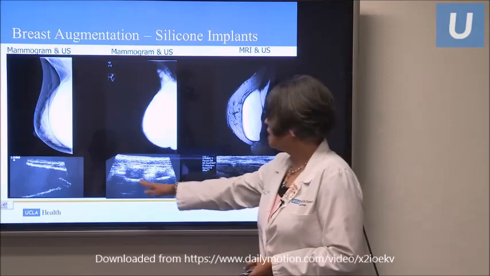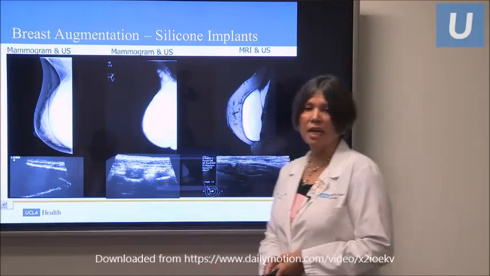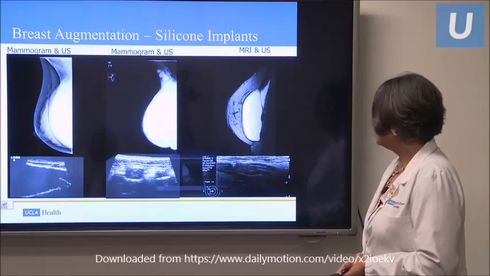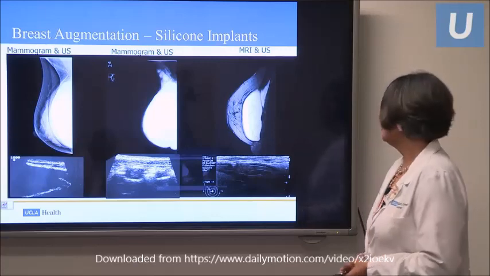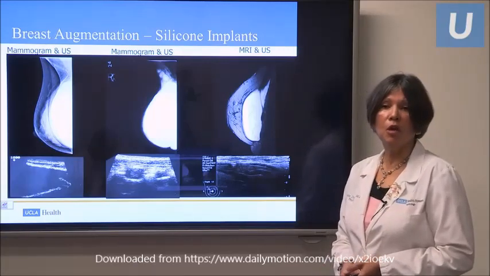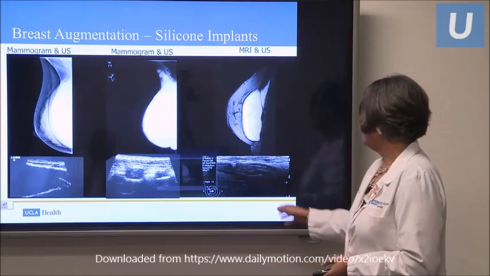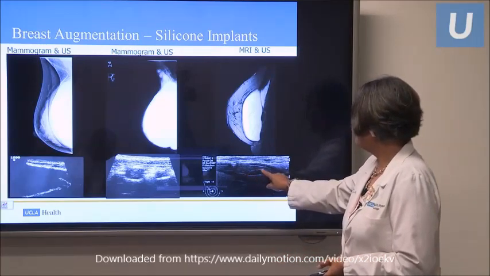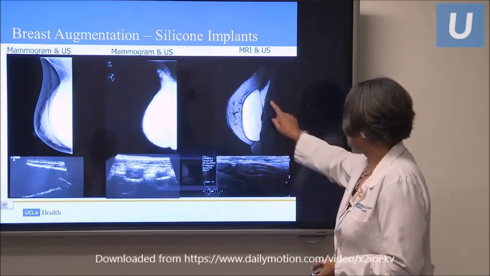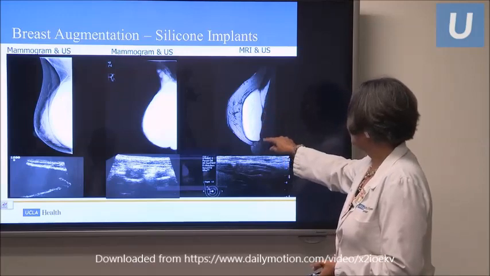And this is an ultrasound showing you those nodules of how it looked under ultrasound. Now, this is actually an MRI of a woman whose implant looked perfectly normal on mammography, but in actuality, under ultrasound, she has these little white lines going through the image, and she has these curvy linear lines going through the MRI.